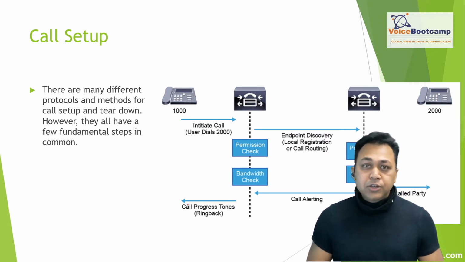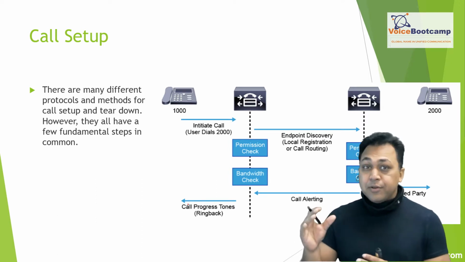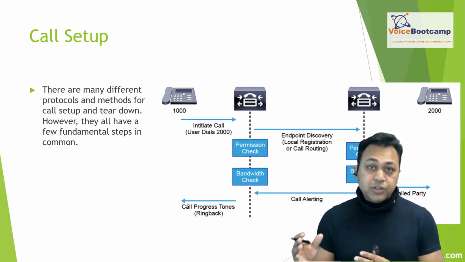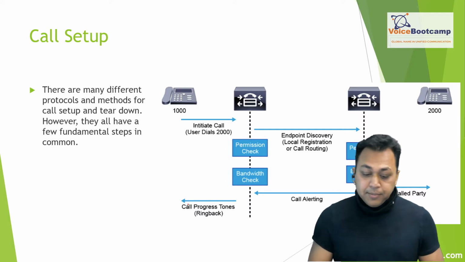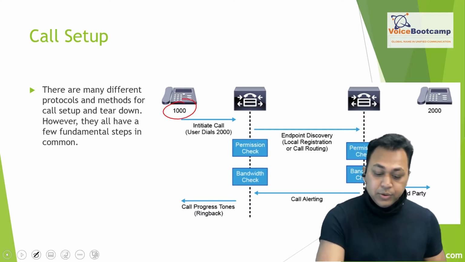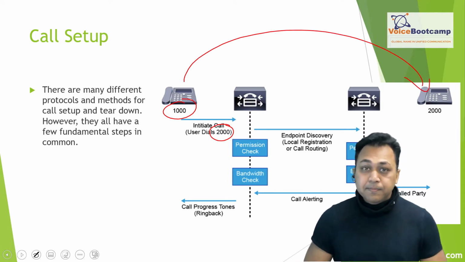Obviously, a user will lift the handset and receive a dial tone, and that dial tone is coming from the call manager server, or CUCM. They will dial the called party's number. In this case, for example, 1000 is dialing 2001. So the intention is to call that particular person right there.